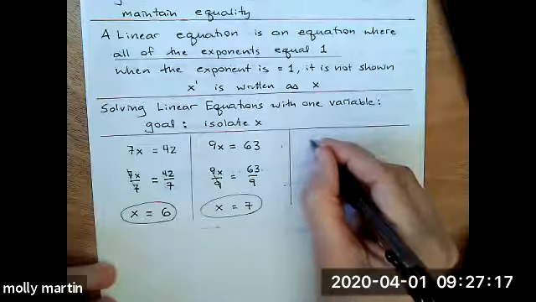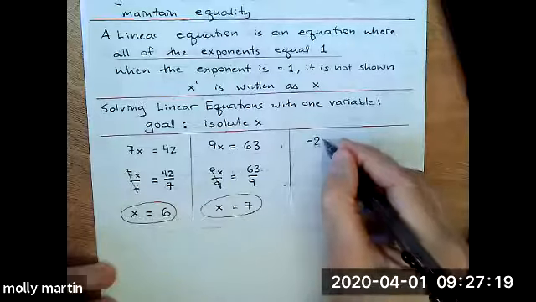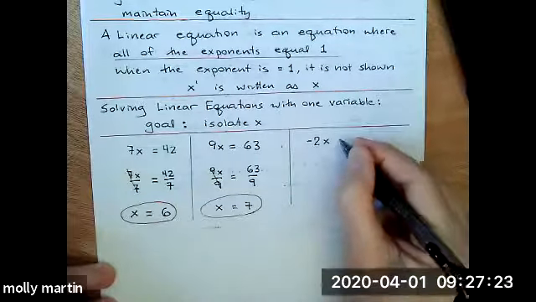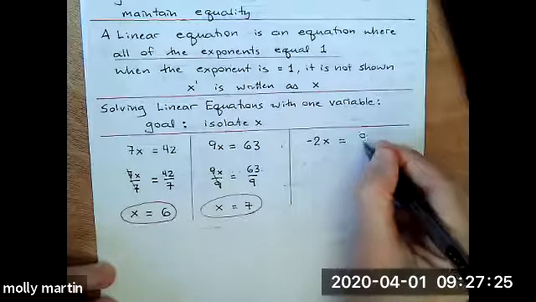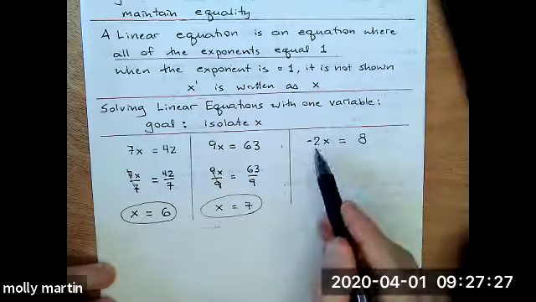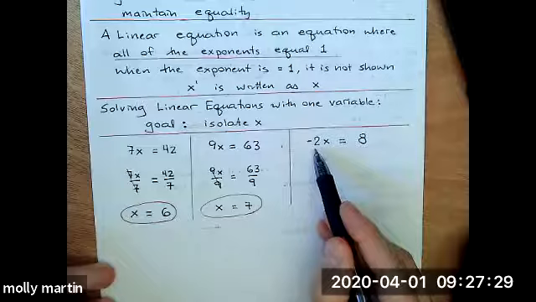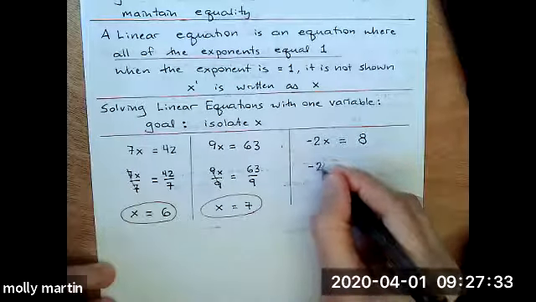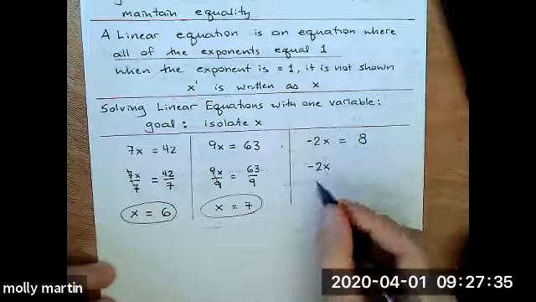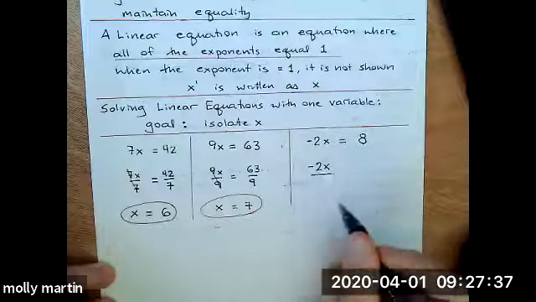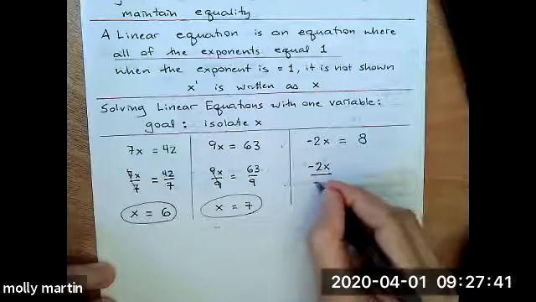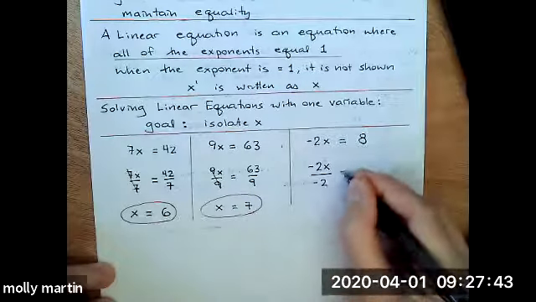Remember that the number that is multiplied by the variable is called the coefficient. What do you do if your coefficient is negative? Well, the opposite of multiplying by -2 is dividing by -2.